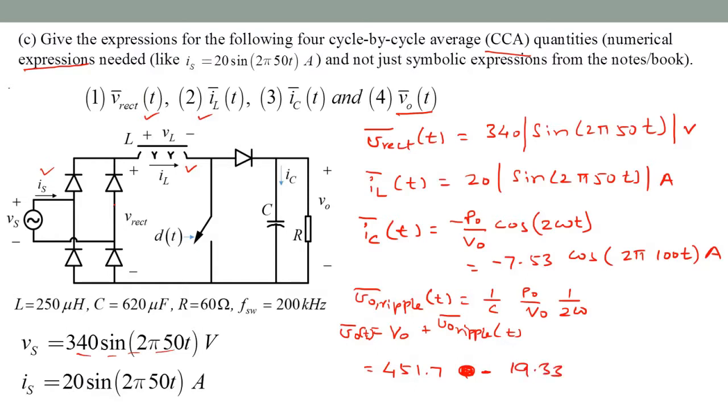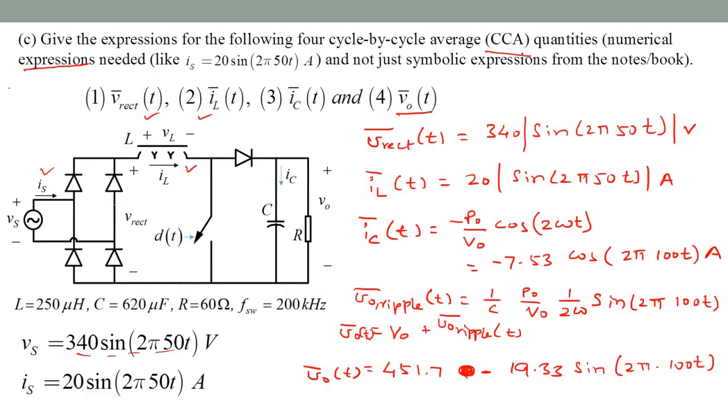So VO ripple, this is just the magnitude, the amplitude of the sine wave, is sine 2 pi, again at twice the frequency, which is 100 t. So minus 19.33 sine of 2 pi 100 t. Okay. So that is VO bar as a function of time.